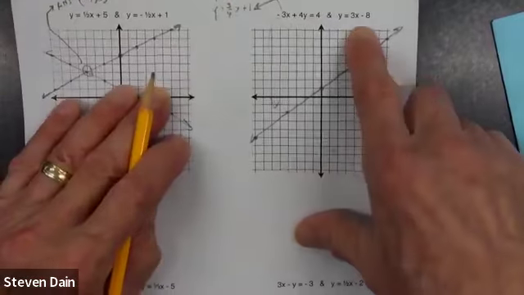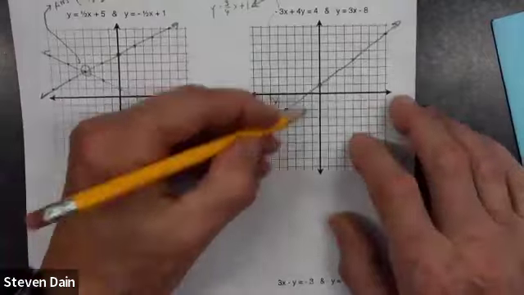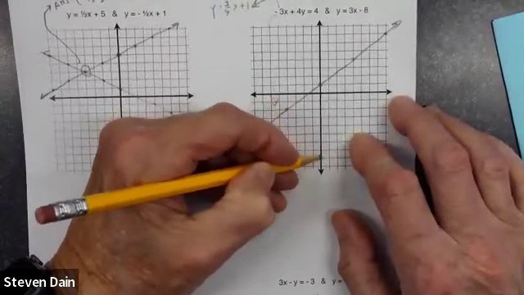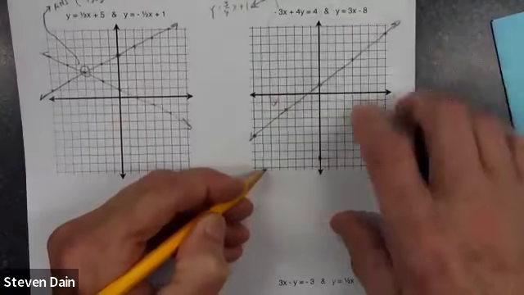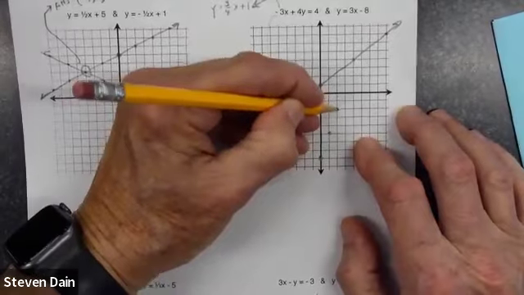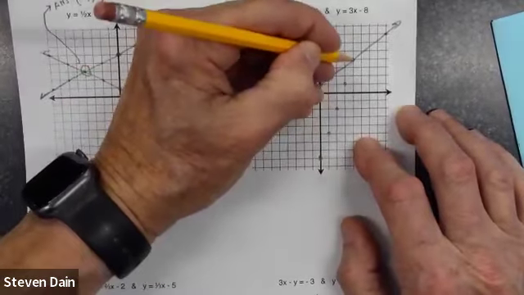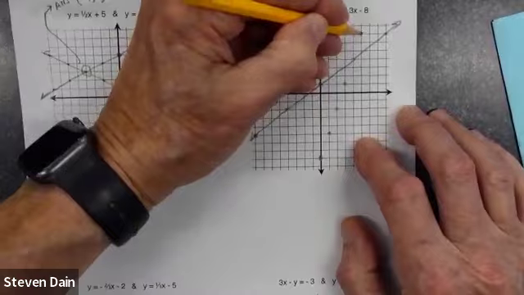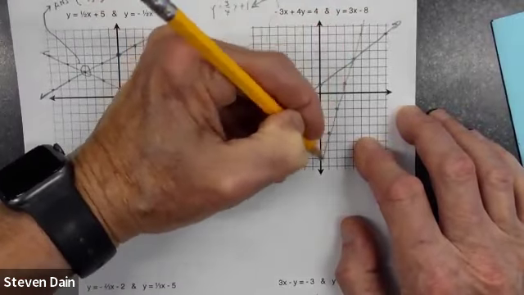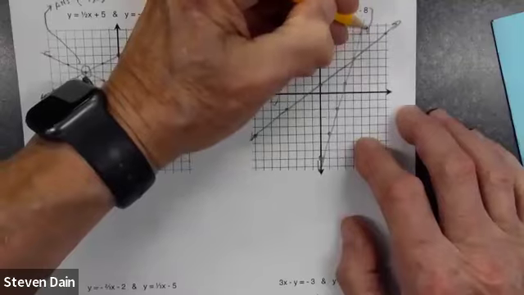And the other one, y-intercept is negative 8, 2, 4, 6, 8, right there. Slope is positive 3. Go up 3 over 1, up 3 over 1, up 3 over 1. Oh, bingo, there's our solution. There's that graph.